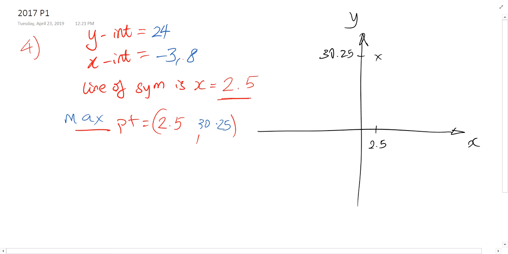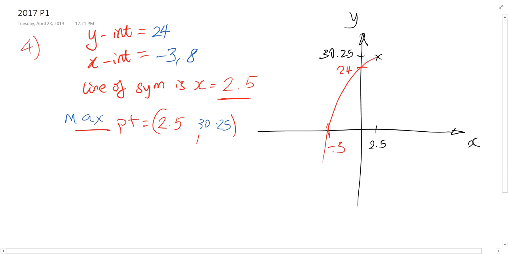So there must be a maximum point here. Then it intersects the x-axis at negative 3 and 8. So draw a parabola. This being the maximum point, I can choose to start from the maximum point and draw a curve down. This must be a value of 24, because that's our y-intercept. Then this must be negative 3.